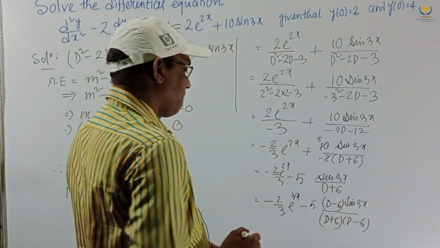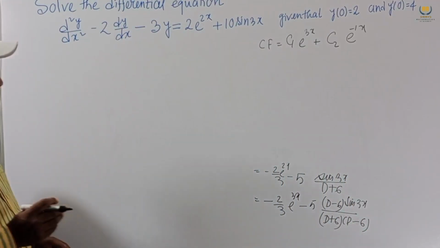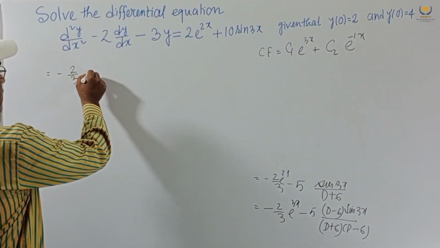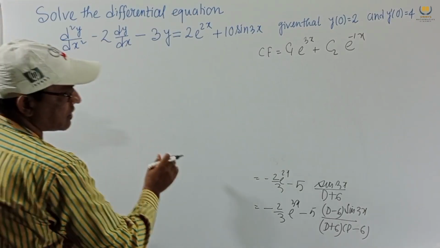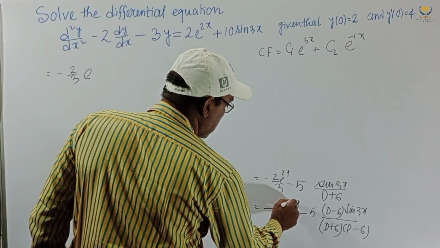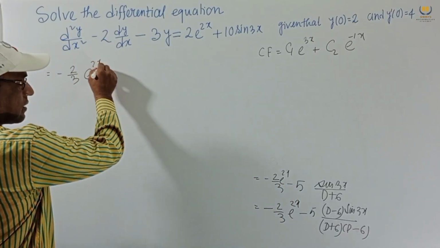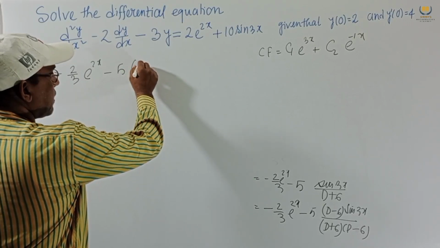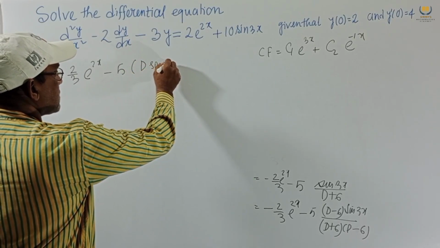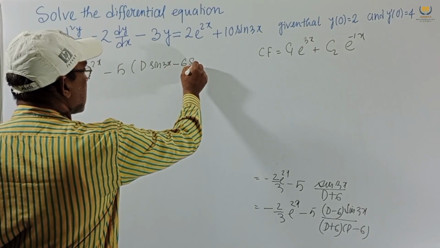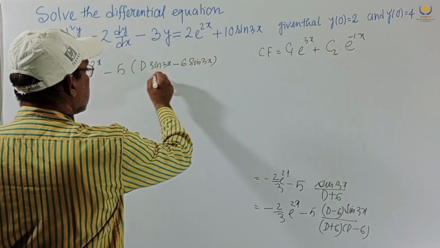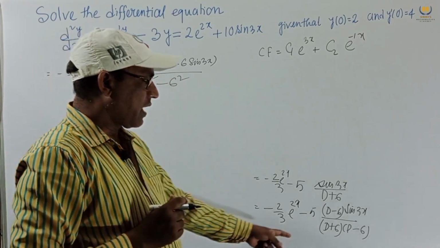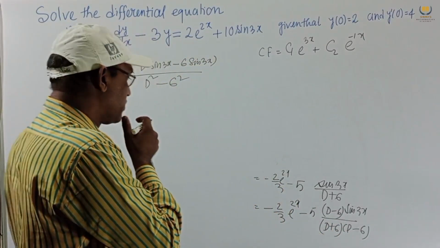We get minus 2 by 3 e to the power 2x minus 5 (D minus 6) sin 3x by D squared minus 6 squared, because (a plus b)(a minus b) is a squared minus b squared, you know.